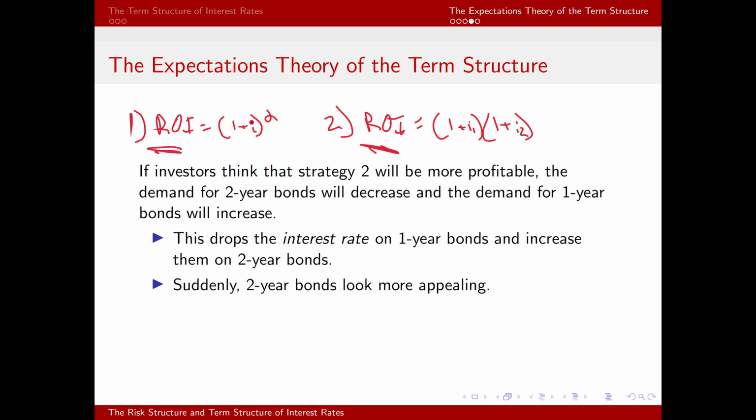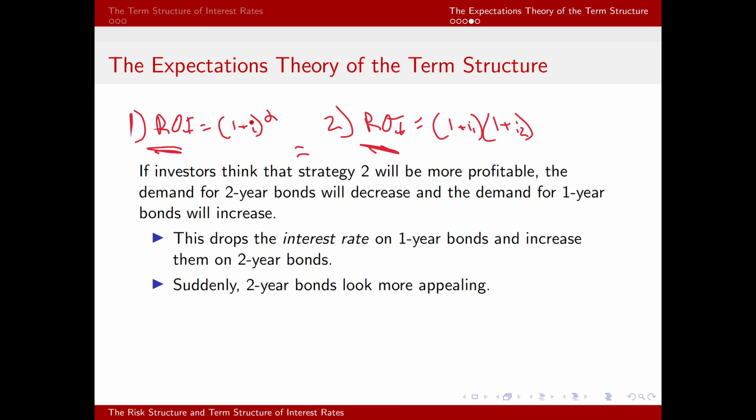This means that if too many investors think that strategy 1 gives us a higher ROI, then it's going to start to deflate that interest rate and it's going to increase the value of the second one. And then we're going to have the market go back and forth until we get the two ROIs equal to each other.